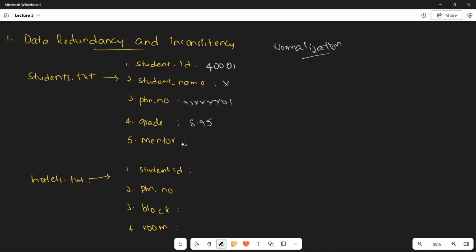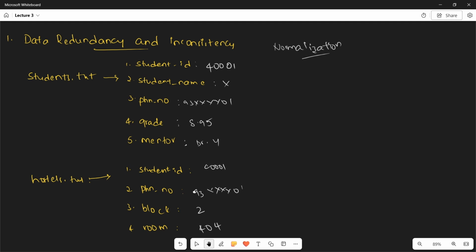He has a mentor, let's say Dr. Y. Now, in hostels.txt, we store the same student ID 4001 along with the phone number 93 something something 1, and he is staying in the second block and his room number is 404.